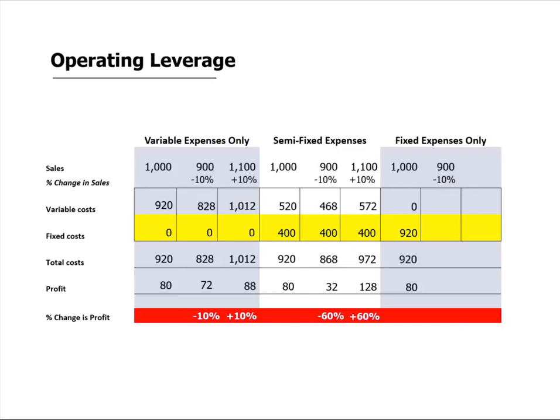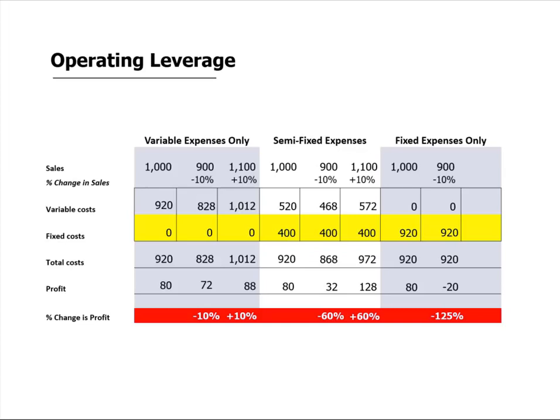Well, of course our sales are down, but we have no reduction in the costs. So immediately you can see we are going to make a loss of 20 Rand here, which is effectively a 125% decline in our profitability. So a very small drop in sales can cause this service business to make a loss, maybe go bankrupt, who knows, depends whether they have the cash to pay their employees.